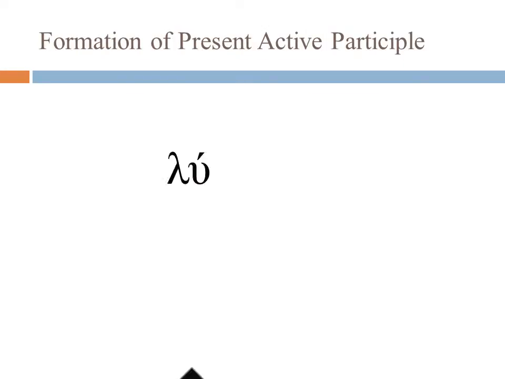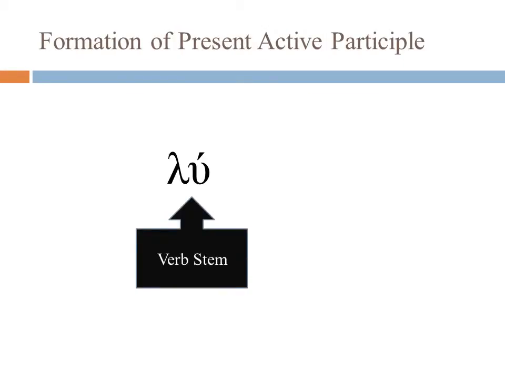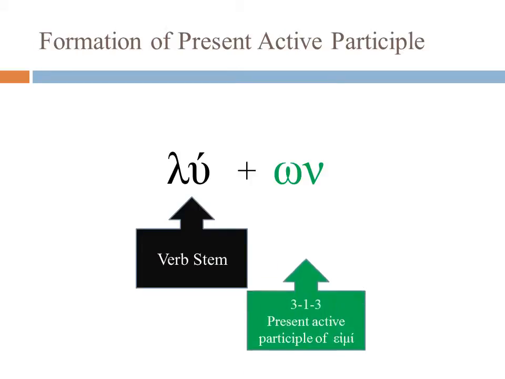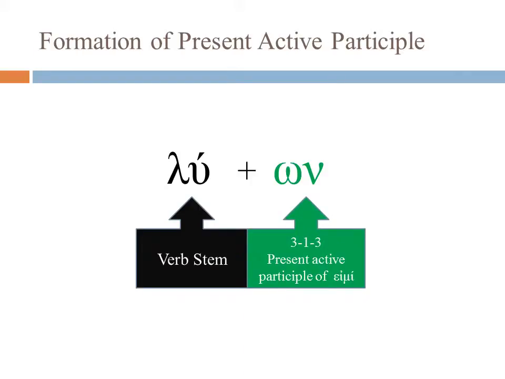Formation of the present active participle begins with a verb stem. And remember that verb stem contains the aspect. And we're going to use λυ, and we know we're using λυ because λυ never changes no matter what stem it is. And we're going to add to this a 3-1-3 present active participle of εἰμί.